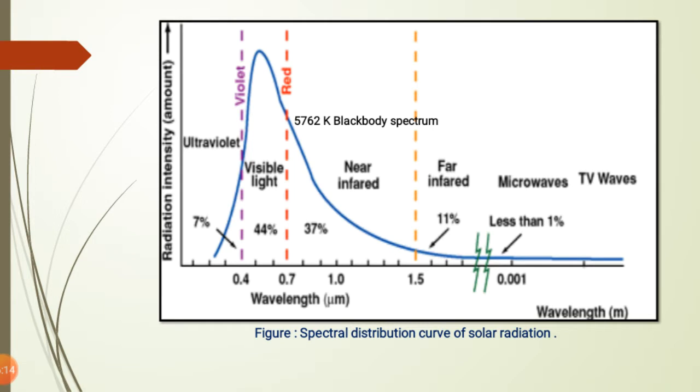The solar spectra consist of different regions like ultraviolet, visible light, near infrared, far infrared and some amount of microwaves.